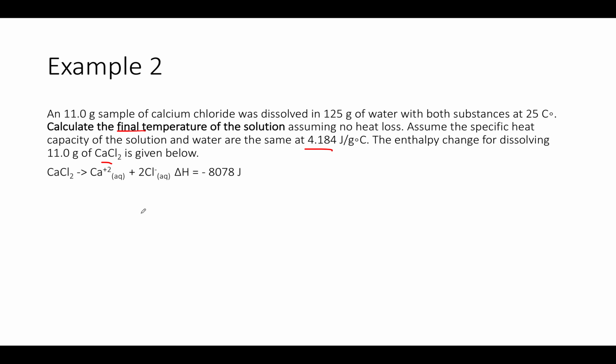Okay, this is interesting. We're given the enthalpy change for just dissolving calcium chloride, and the dissolving of calcium chloride would be our system. Our surroundings are what we're solving for. That's the solution. The solution equals the surroundings.